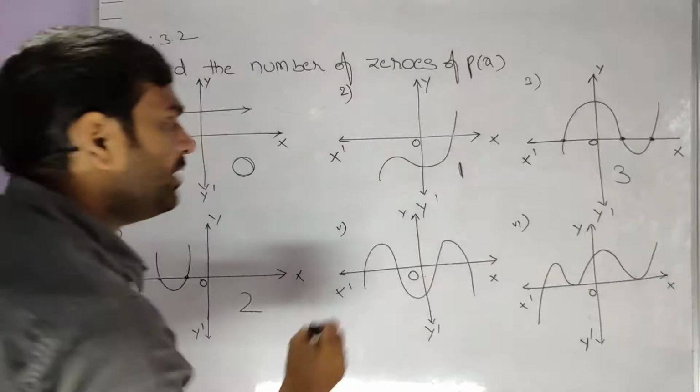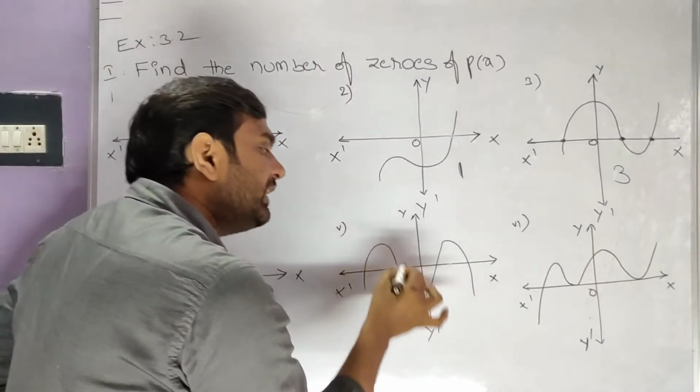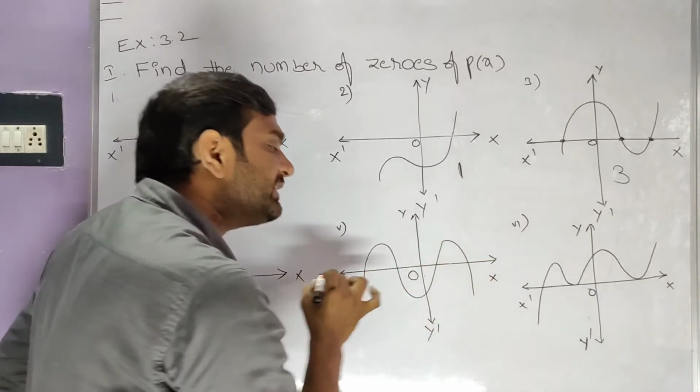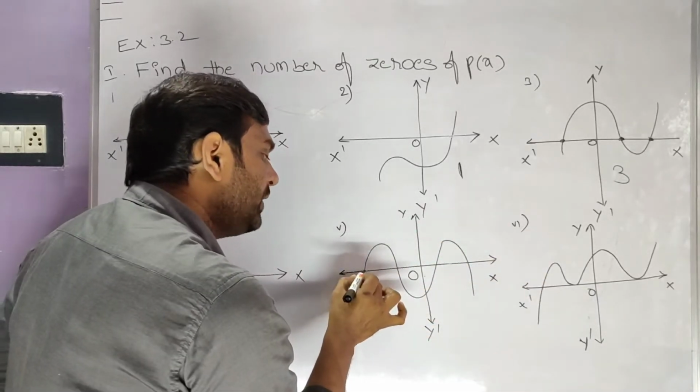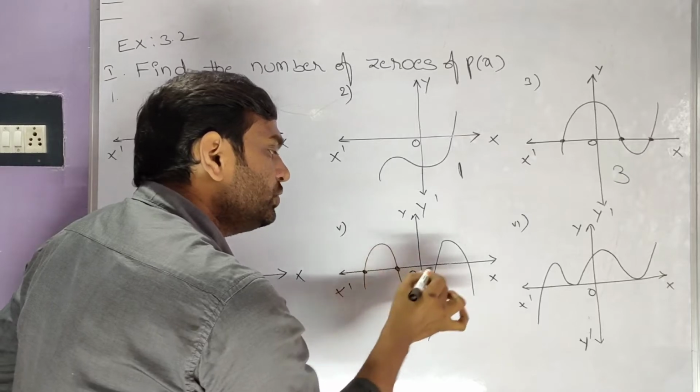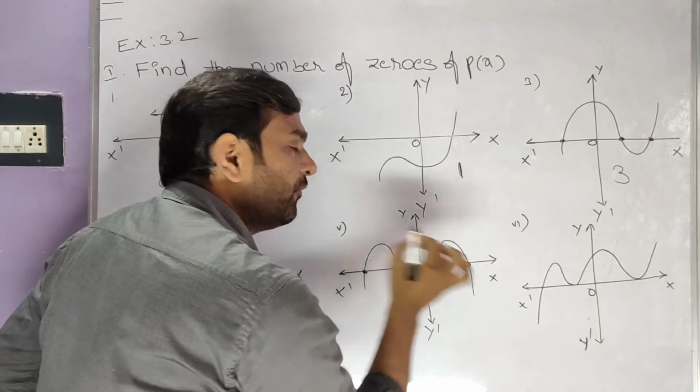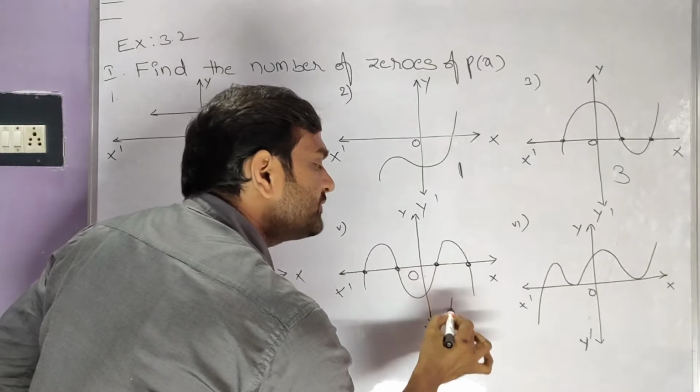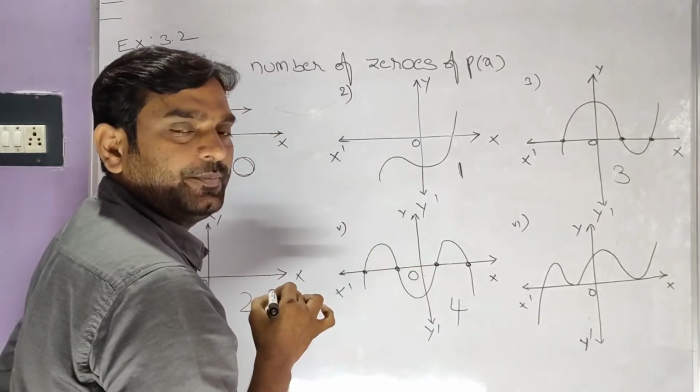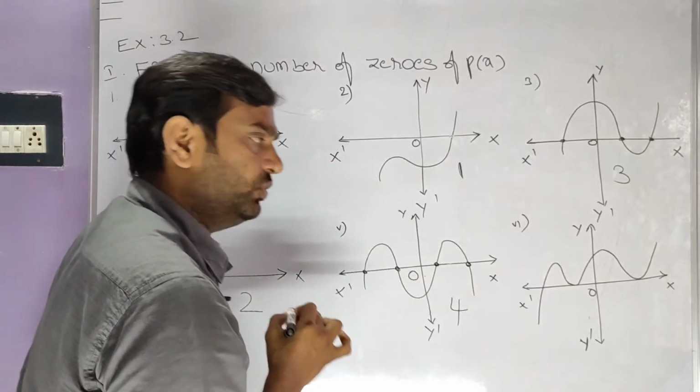Coming to the fifth problem, this curve intersects the x-axis at 1, 2, 3, 4 points, so the number of zeros is 4.